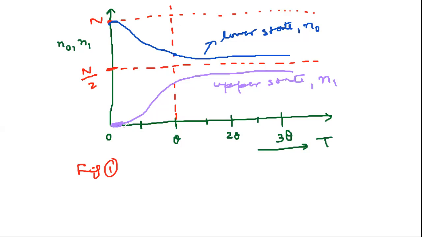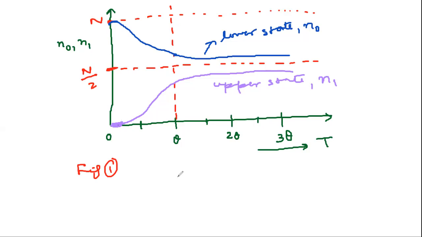Let me repeat it. When the temperature of the system is low, T is small compared to characteristic temperature theta, here in this graph, N1 is 0, but N0 is N. That in other words means all the particles exist in the ground state.